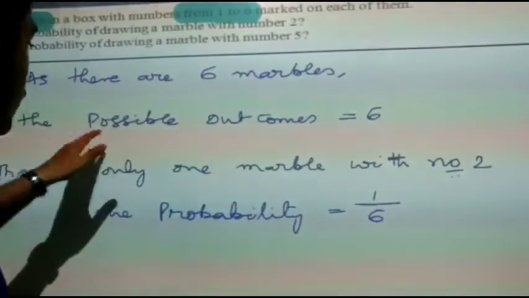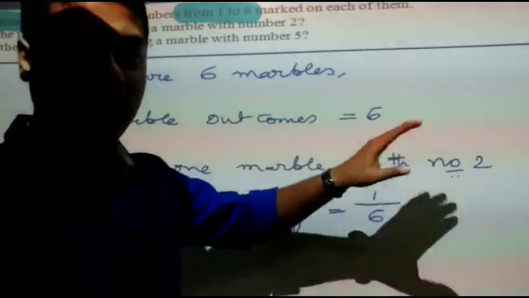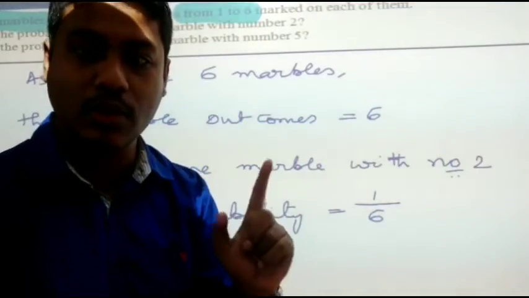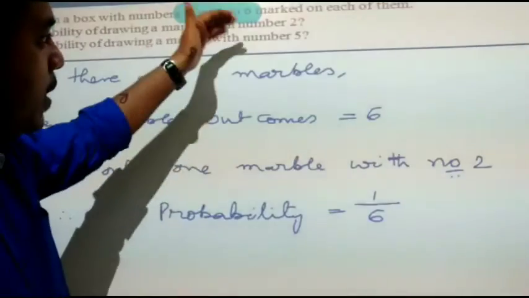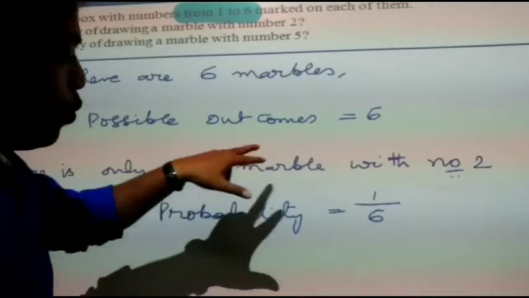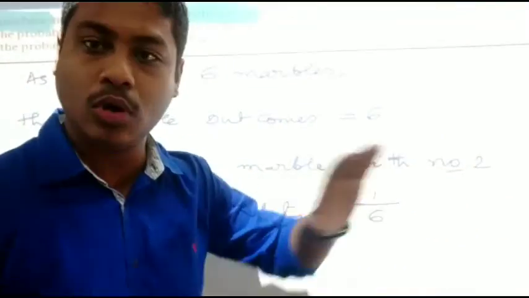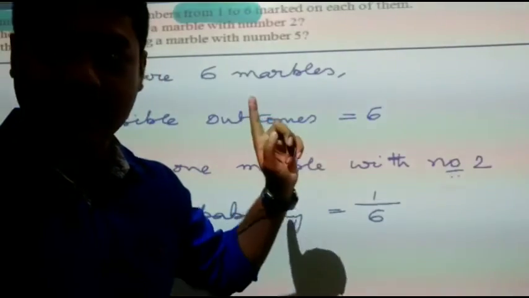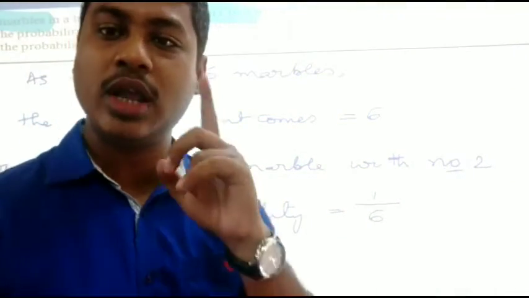So we have to write the possible outcomes. It will be equal to 6. There are a total of 6 outcomes. So how many marbles occur with number 2? There is only 1 marble with number 2, because there are only 6 marbles and each number has only 1 marble.